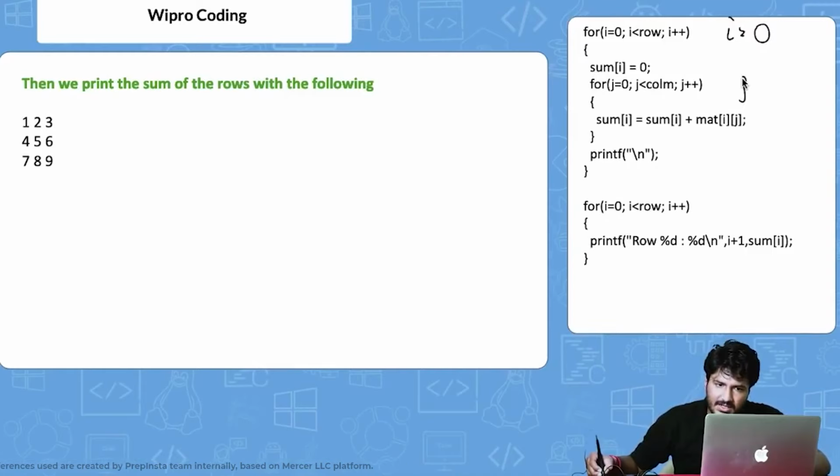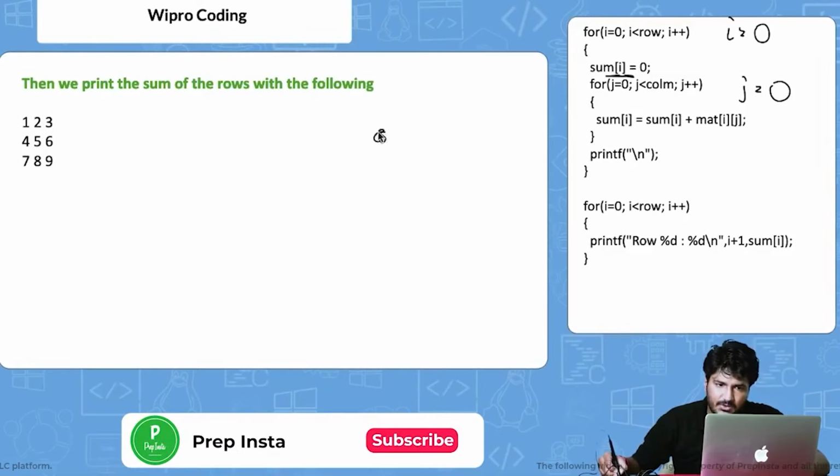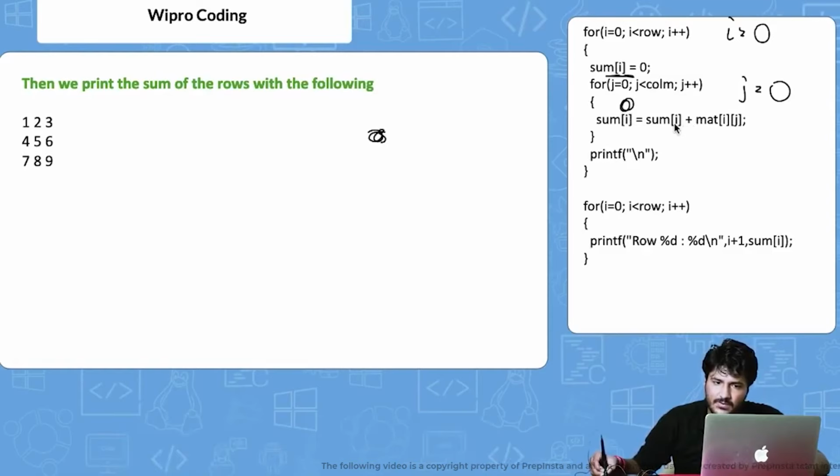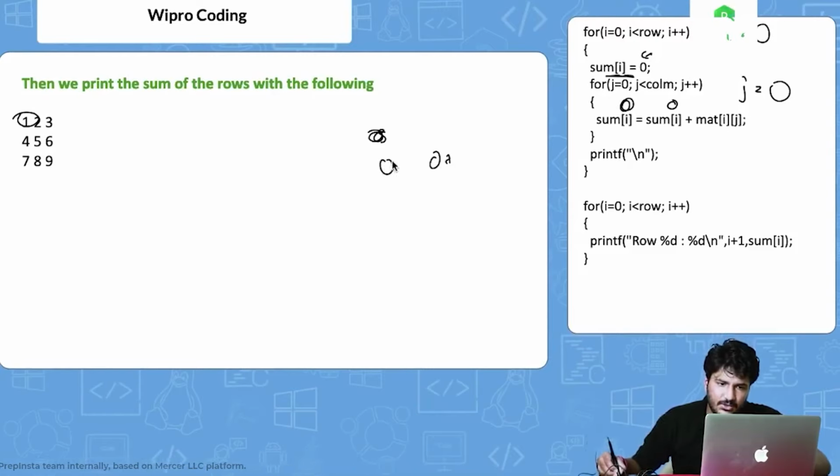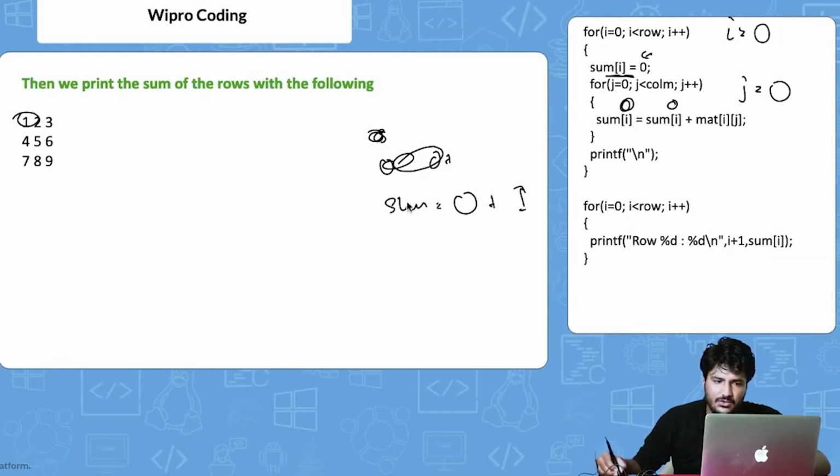Now again we come here, we assign sum is equal to 0. Now j is equal to 0. Now sum of i, which is basically sum of 0, is equal to sum of i, and that is 0 because initially we assigned it as 0, plus matrix of 0 comma 0, which is basically 1, right? So sum is equal to 0 plus 1. Now this has happened.